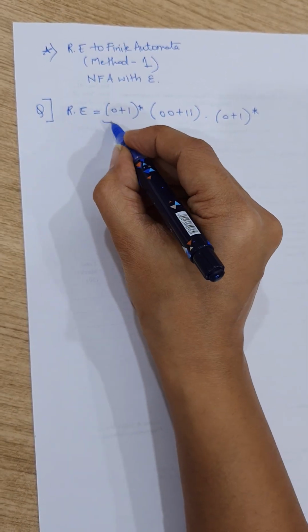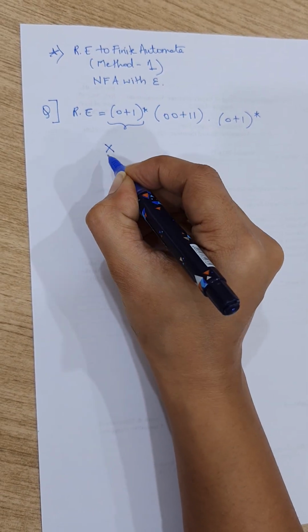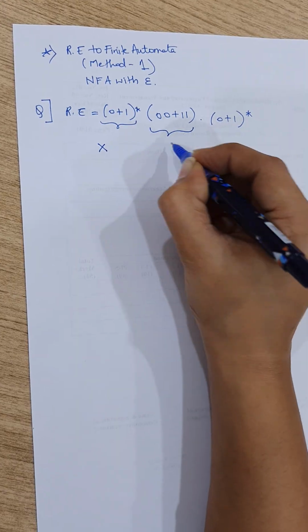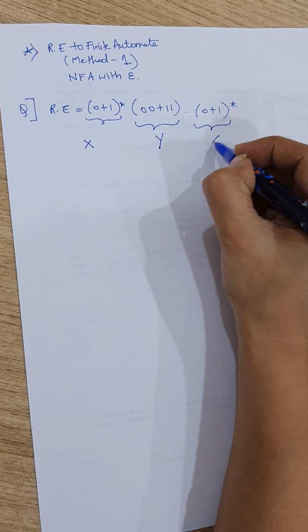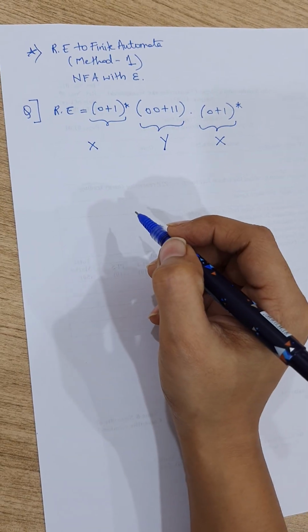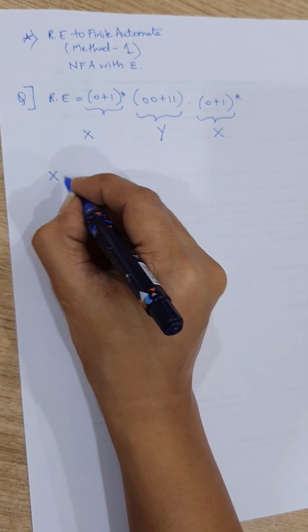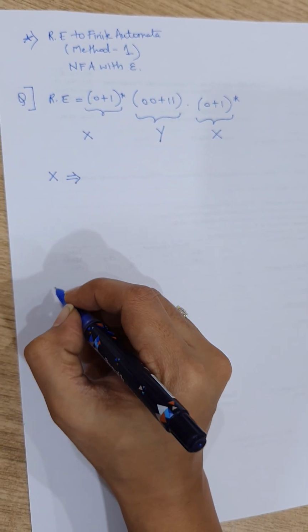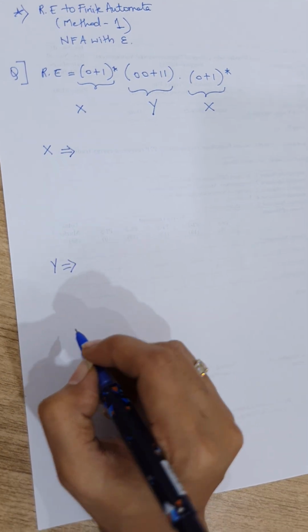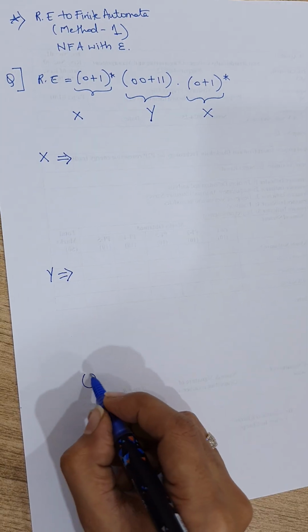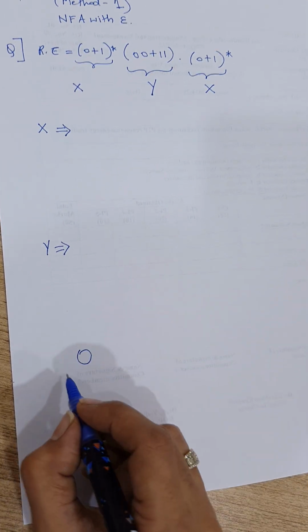So I can say, for example, I call this X, I call this part Y, and I call this part, now this and this is same, so this remains X as it is. Okay, so I can represent X first and then I can represent Y, and then the final answer that I'll have is something like this.